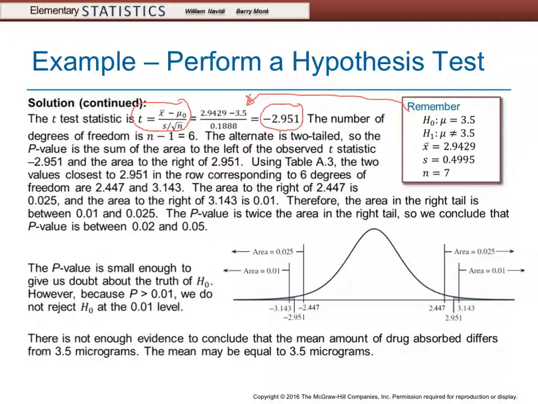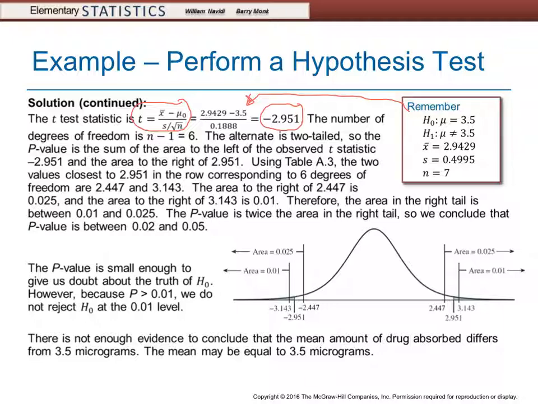So the p-value is twice the area in the right tail, so we conclude that the p-value is between 0.02 and 0.05. In this case, the p-value is small enough to give us doubt about the truth of H0. However, because the p-value is greater than 0.01, we do not reject H0 at the 1% level.